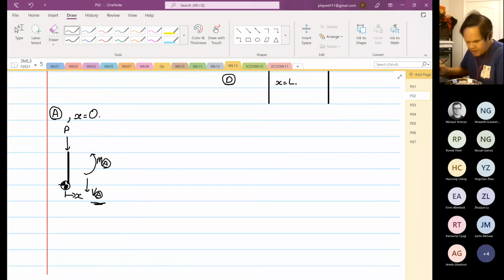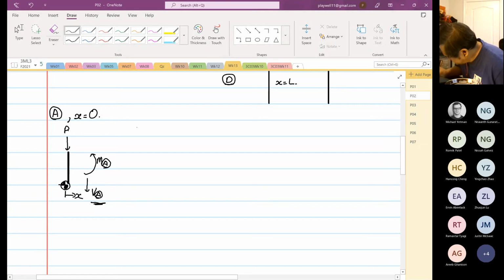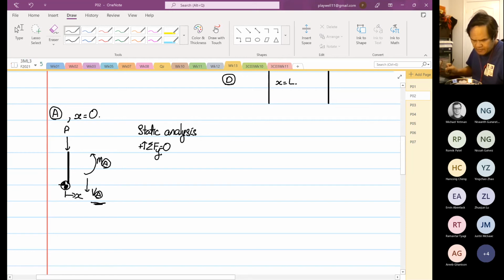So for this case, we know that we're going to do static analysis. Positive is going up. Summation of forces in the y direction is equal to 0.